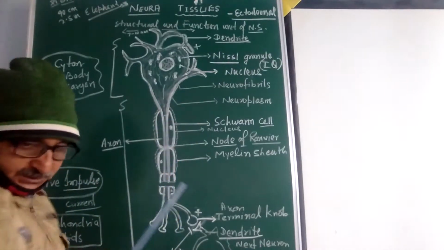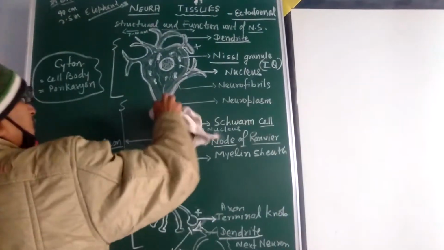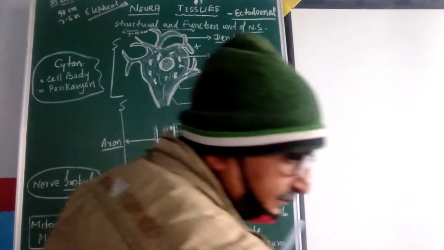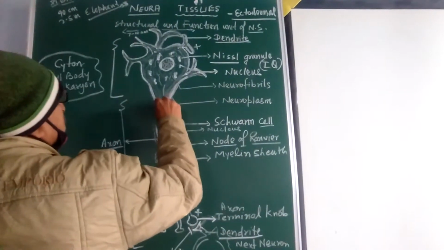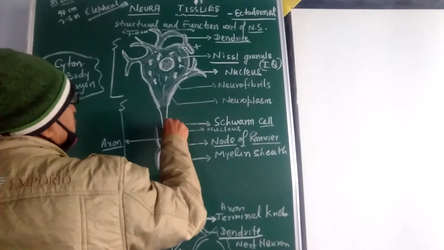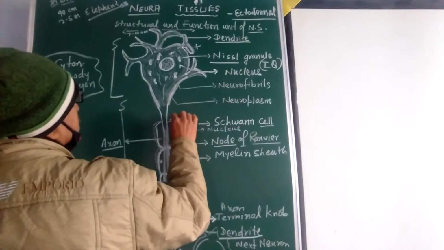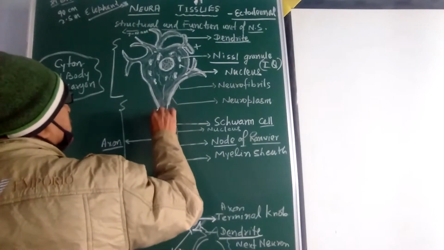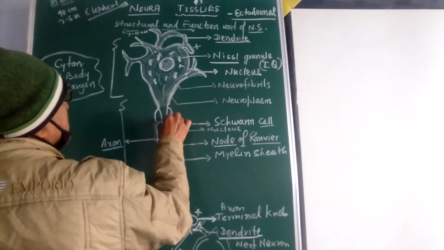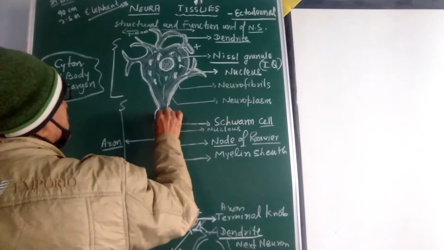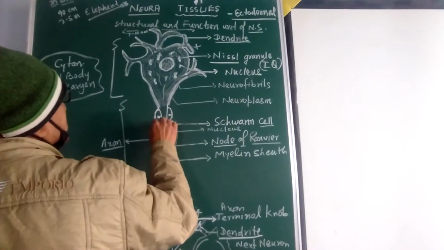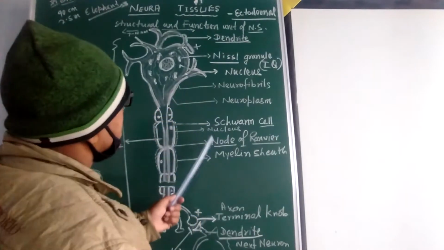Then various cells you can draw here. The squamous cell, the first cell like this, has the myelin sheath.